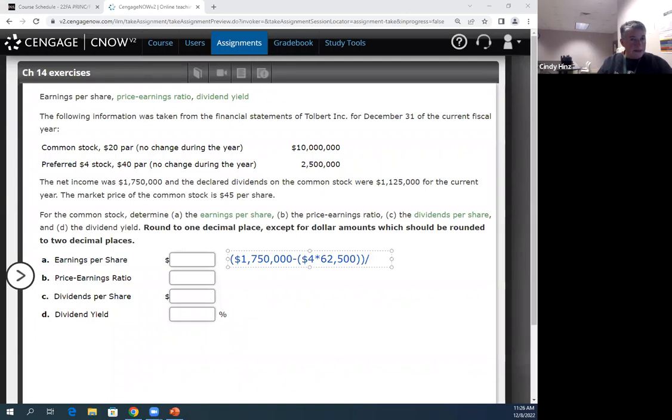And it doesn't tell us, again, how many shares of common stock there are, but it does tell us it's a $20 par value. So we can calculate the number of shares: $10 million in the common stock account divided by $20 per share par value, that's 500,000 shares of common stock.